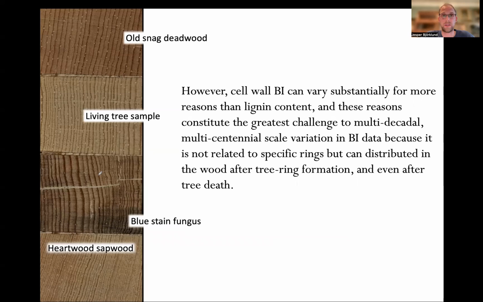But as I told you before, the cell wall color still changes from sample to sample, maybe even from year to year in some cases, from heartwood to sapwood, for instance, when you can have a quite steep step going from heartwood to sapwood.